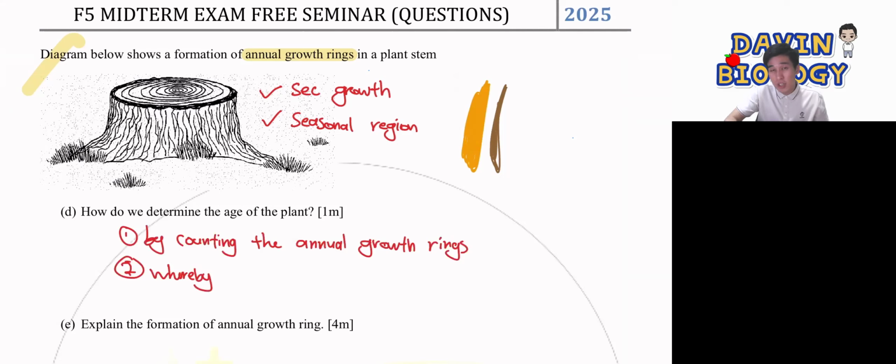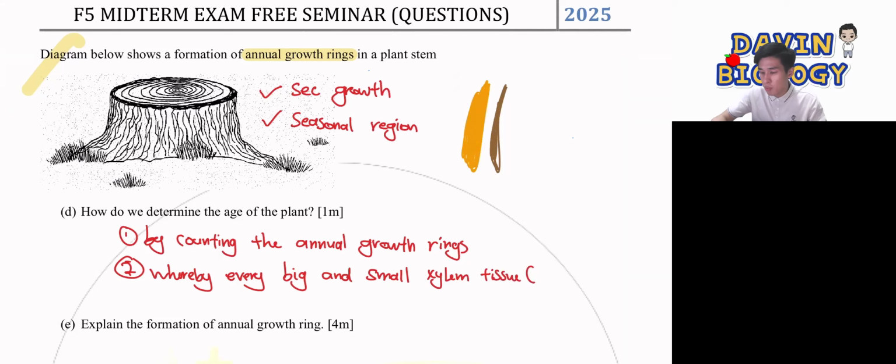Whereby every big and small, you can say xylem vessel or xylem tissue, or you can say every big and small ring represents one growth year.